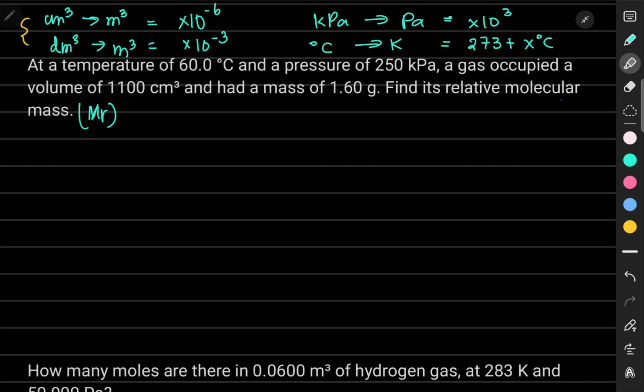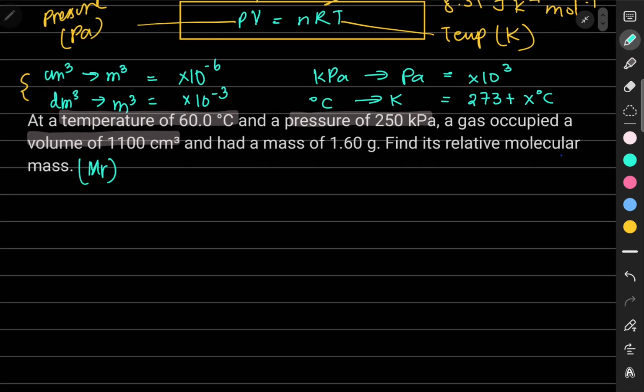So the first thing before we start any calculations is the problem with the units. I have the temperature in Celsius, the pressure in kilopascals, and the volume in centimeter cube. So this is not at all what I need. So I first need to convert.